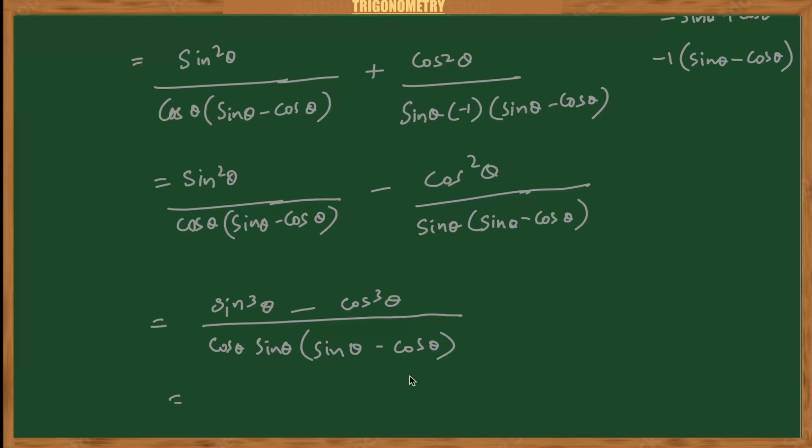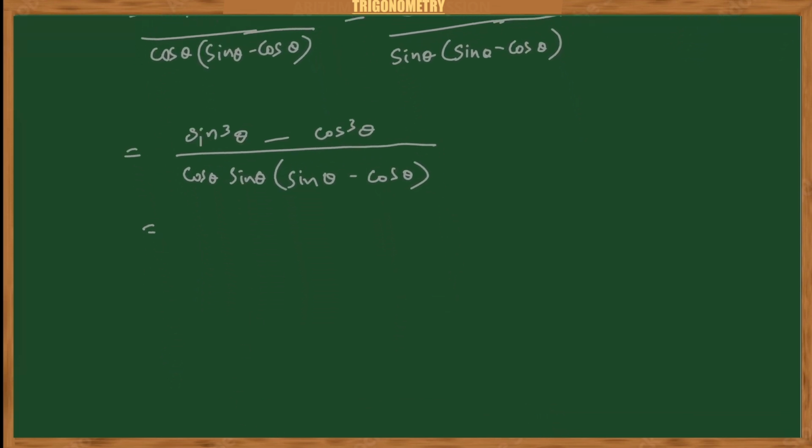So let's further resolve this. To resolve it further, we need one of these conversions. Here we can see this can be represented in terms of a cube minus b cube. It can be seen as this identity, a cube minus b cube equals a minus b into a square plus b square plus ab.